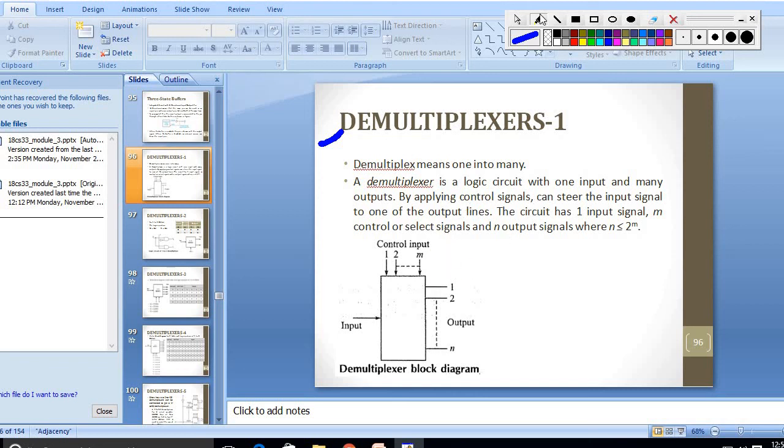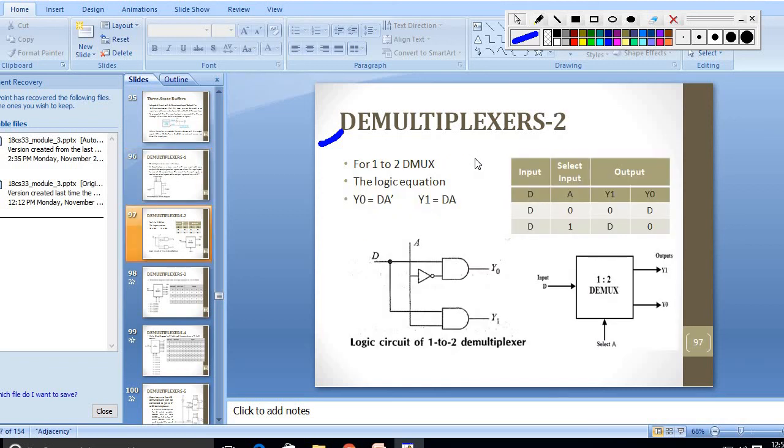Okay. Next, see this 1:2 demultiplexer. One data input, one select line is required, and 2 outputs. Here the input is always D, so you always have to take the D value.